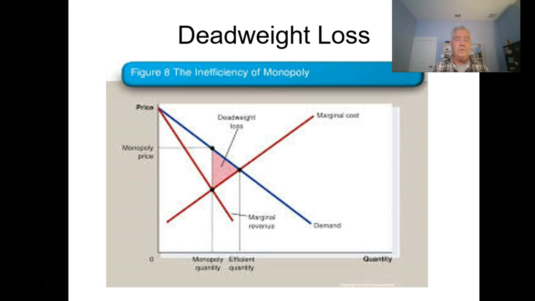So his revenue would normally be at the intersection of marginal cost and marginal revenue, or at an equilibrium price, which is where the demand curve and the marginal cost curve intersect. But in effect, as you see here, he's selling at a lower quantity, but at a higher price. So he's controlling the marketplace. He's controlling the demand curve.